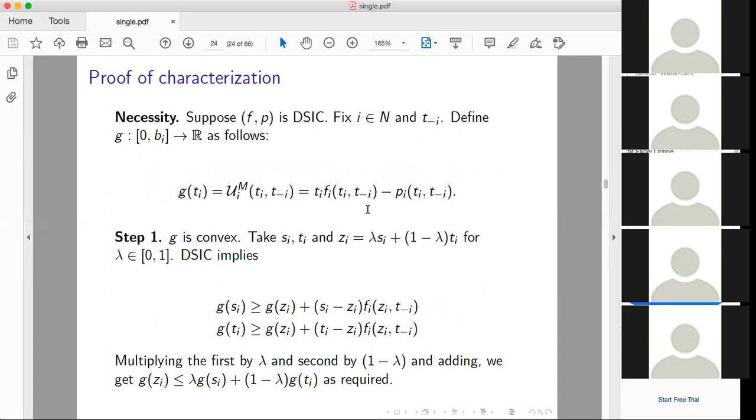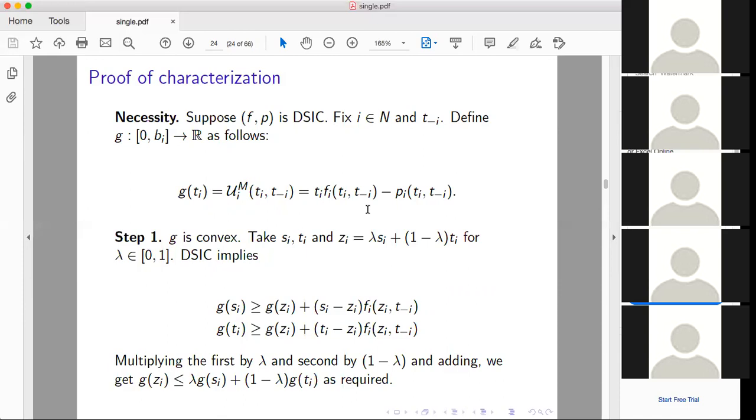I'll come to what those reasons can be, but let's say we impose ex post IR and non-negative payment. But then immediately what we see is that we don't need to worry about P at all because P is completely determined by F now. So the space of our mechanisms is just the space of all non-decreasing allocation rules.